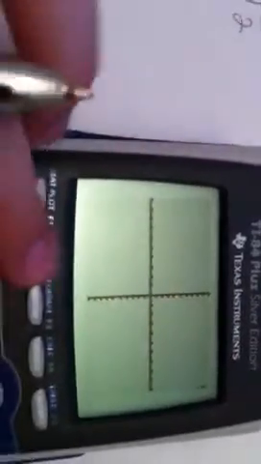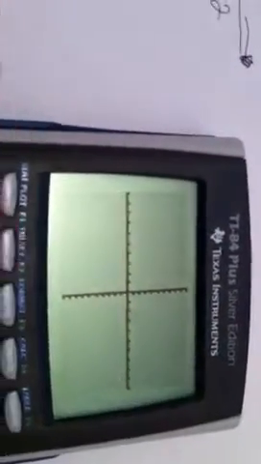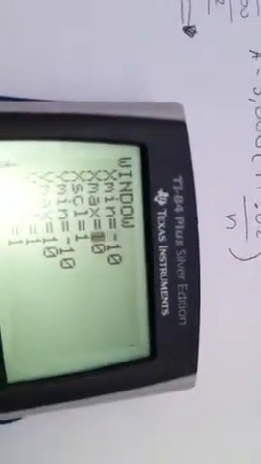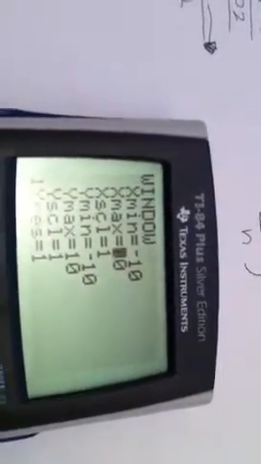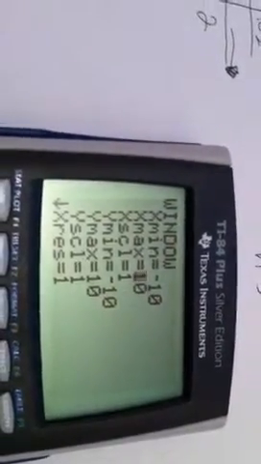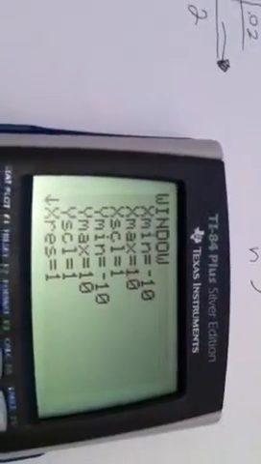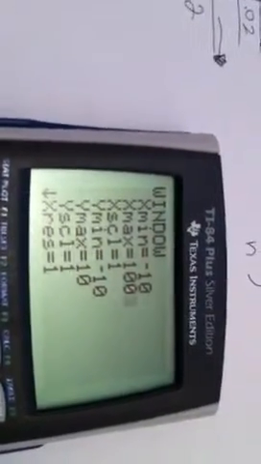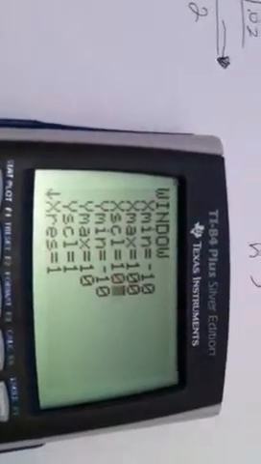Oh, forgot to reset my window over here. Since our profit is around 2,000, I'm going to say X max would be 100, and we're gonna go by tens.